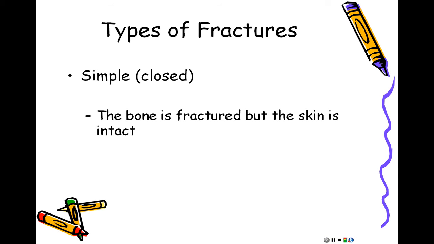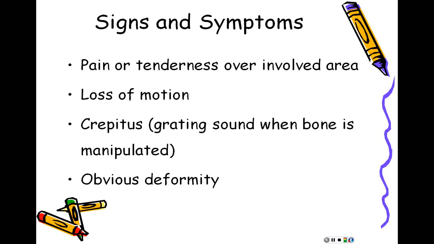With a closed fracture, the bone is fractured but the skin is still intact. A couple of earlier slides, we talked about an open fracture, and this is when a person has a break in the continuity of the skin. So remember, a person can have an open fracture or a closed fracture. With the open fracture, the skin is not intact. You also have a figure of that on page 1636.